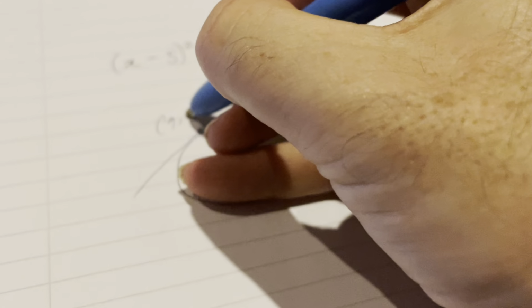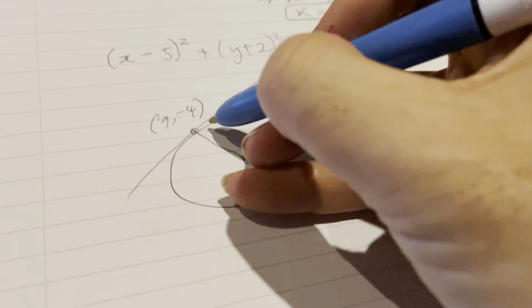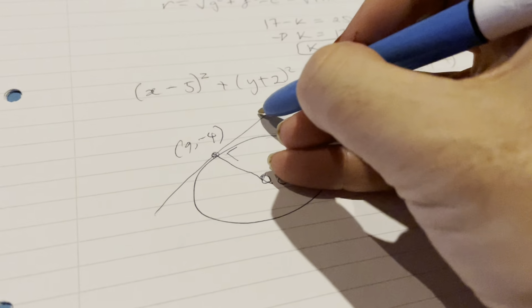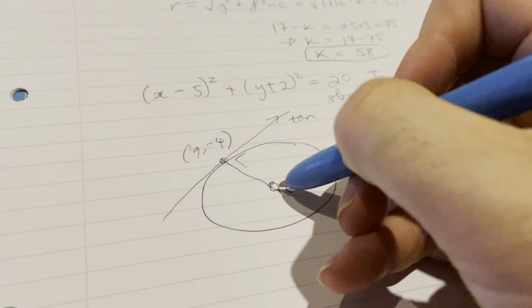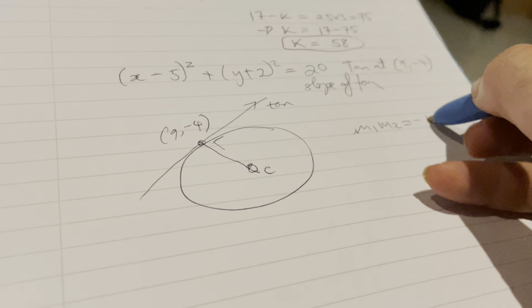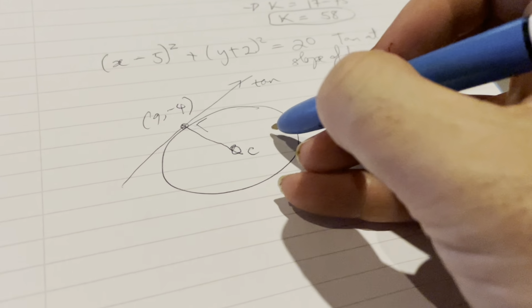Great, so there's no extra working out to be done. It's (9, minus 4), great. So that is perpendicular. Really all we need to do to find the slope of that tangent is to find the slope of this, and then just use the equation m1 times m2 is equal to minus 1. So let's get the slope of that line. What's the center?